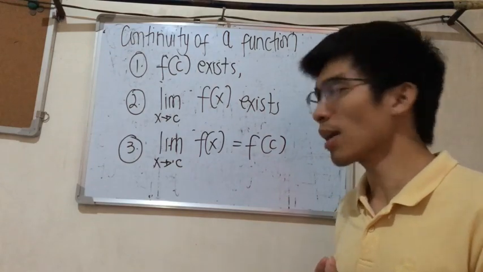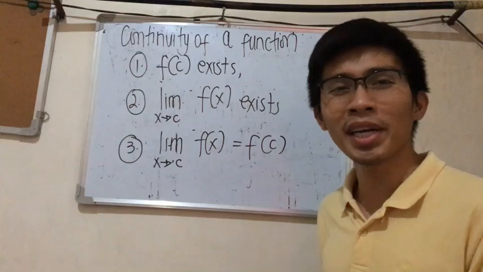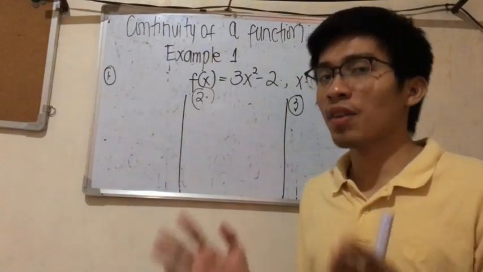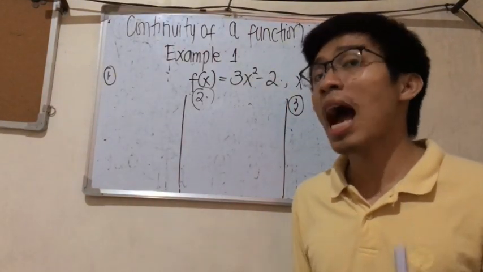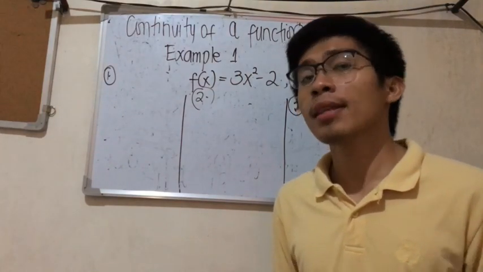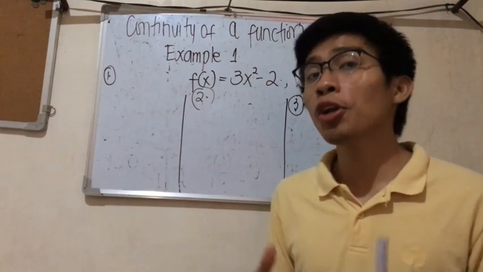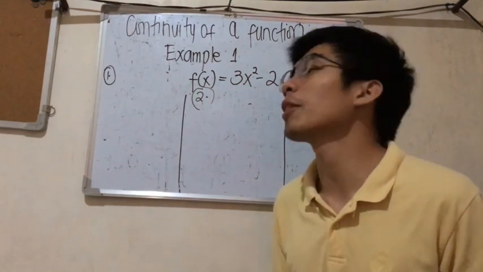Let's try to get some examples on how these conditions work. This time, let's try to use how the following conditions work in identifying that the function is continuous or not continuous at a certain point.